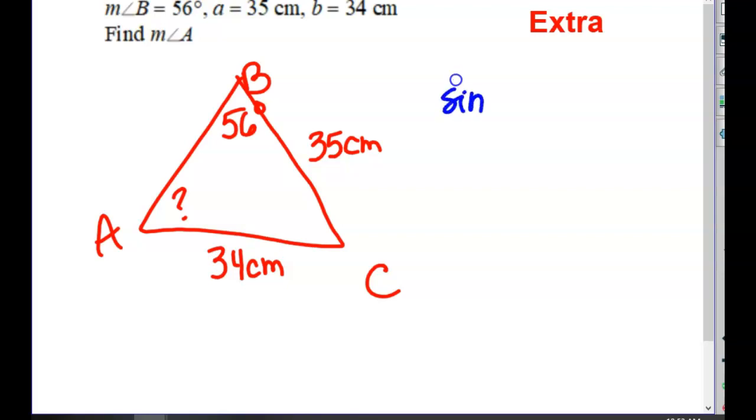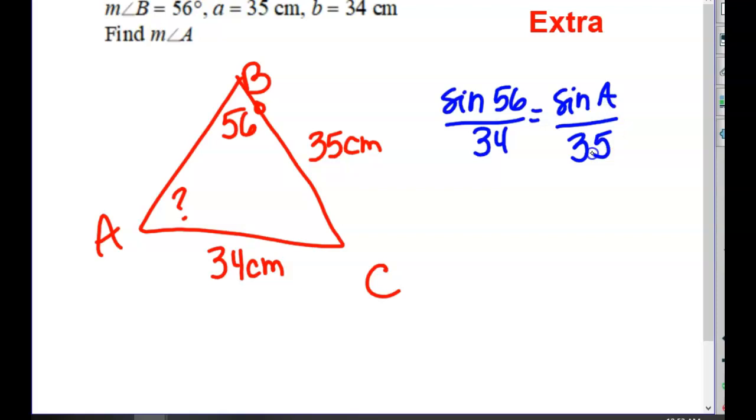So the sine of A is across from side A, and sine of B is across from side B, and all I know is that A should be more than 56, because it's across from the longer side, right? Okay, so I do 35 times the sine of 56 divided by 34, and I get a funky little decimal.